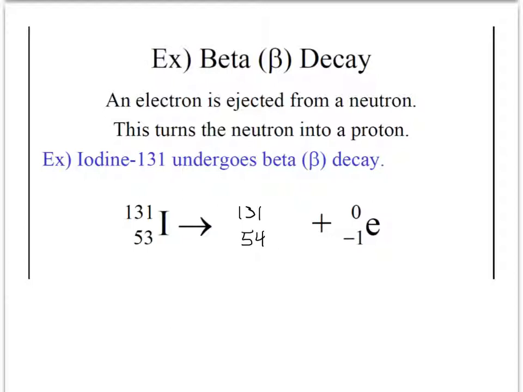And so when it goes from 53 to 54, it's no longer iodine, it is now xenon. So iodine undergoes a beta decay, one of its neutrons turns into an electron, it's shot out of the nucleus, and we're left with xenon-131. So the mass doesn't change because we're keeping that particle in there. We're keeping the mass part of it in there. All we're losing is the massless electron.